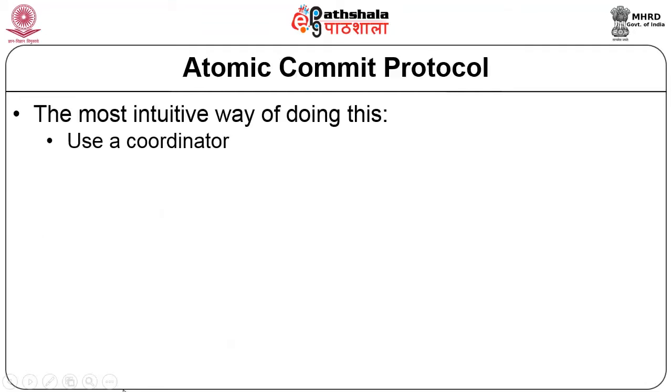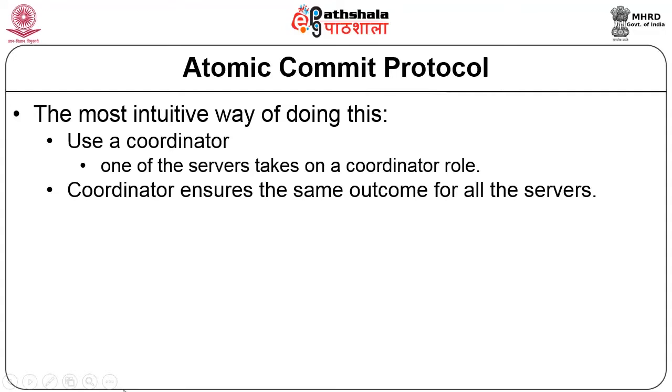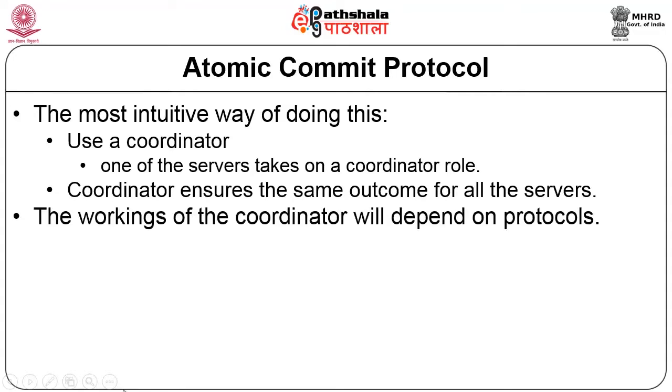So, in an atomic protocol, the typical way is having a coordinator. We already know how to select a coordinator. So, we select one of the participating servers as the coordinator, and then we continue. The coordinator ensures that the outcome is the same for all the servers.